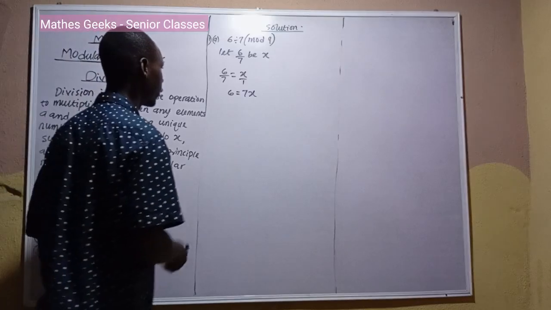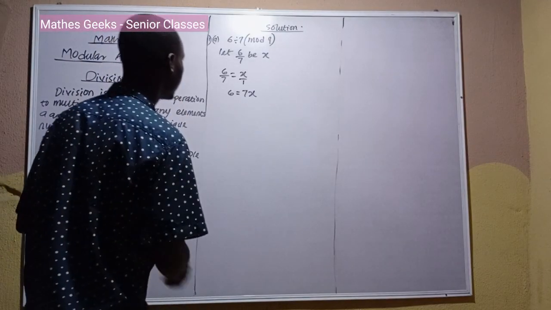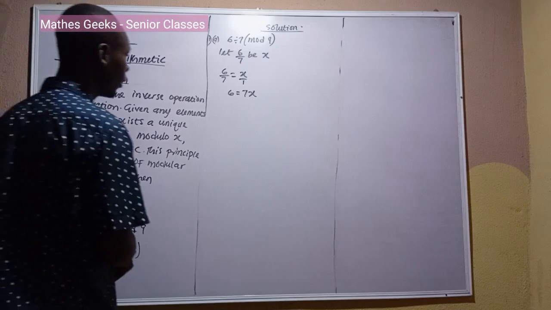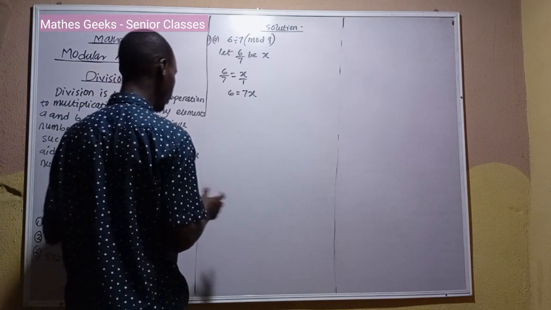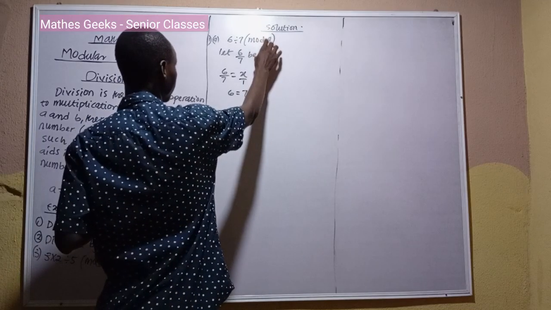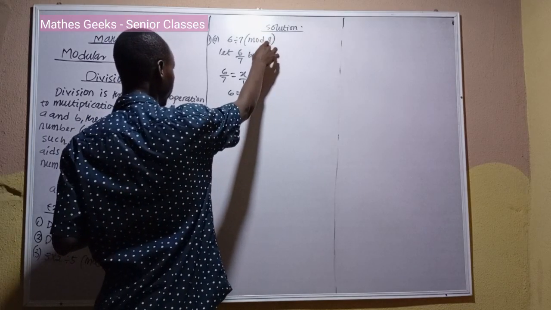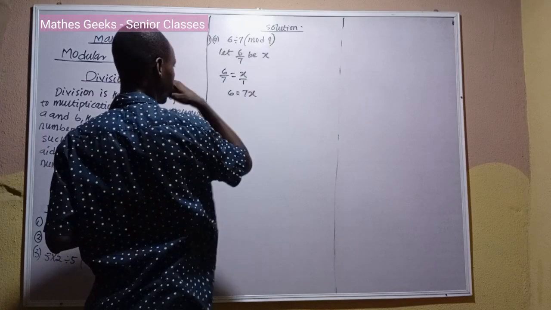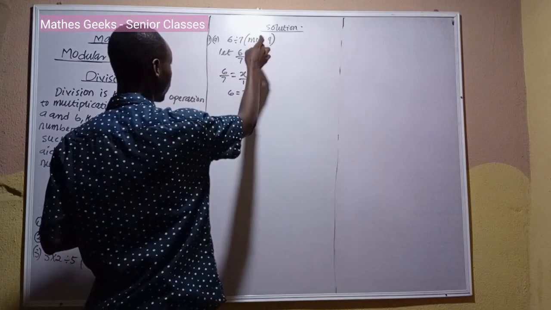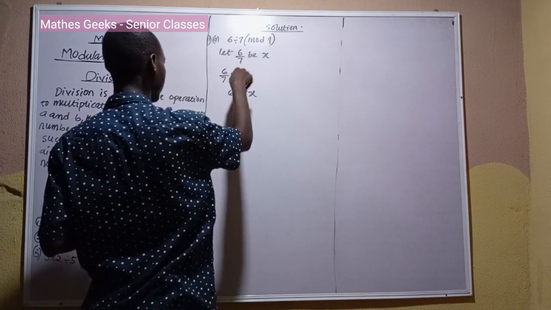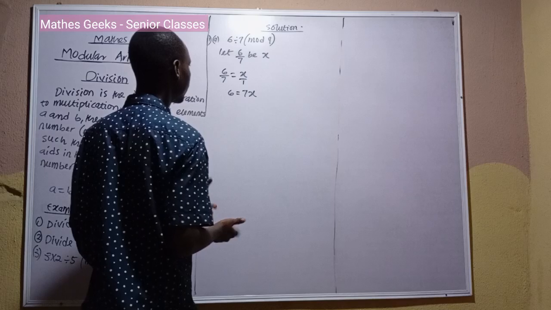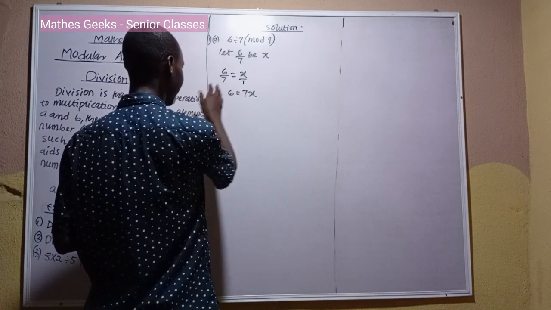Now we're going to solve. Division under modular arithmetic is that when we get to this point, we have to look for the multiple of the mod number that's closest to the value on this side of the equation, and then look for the remainder to add to get the value here.